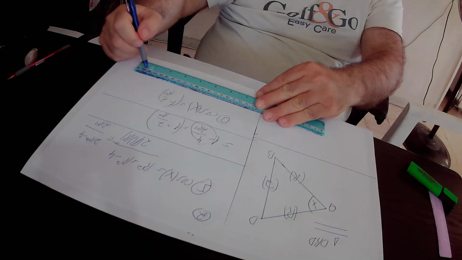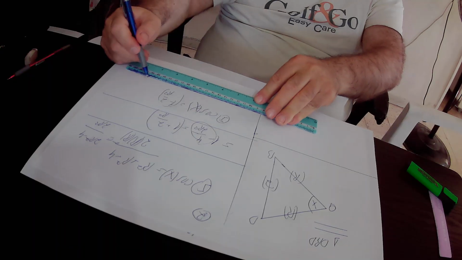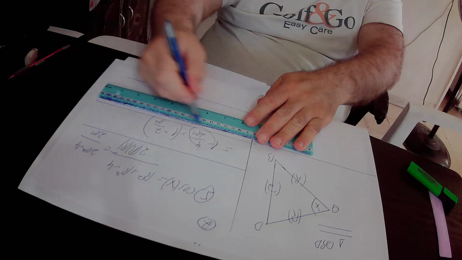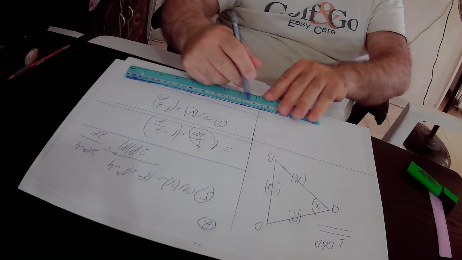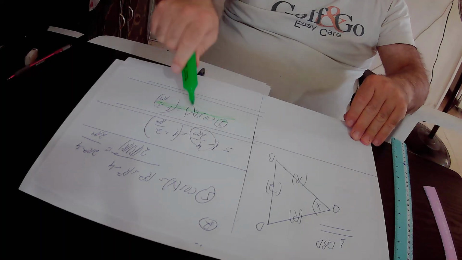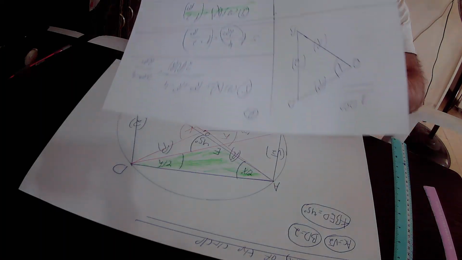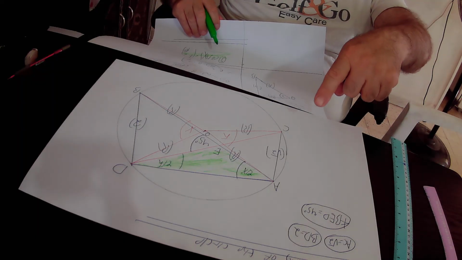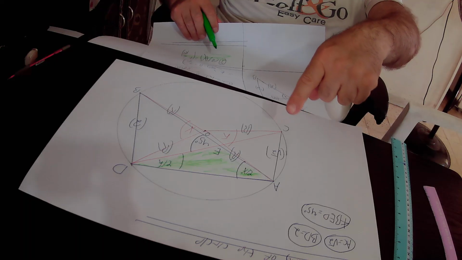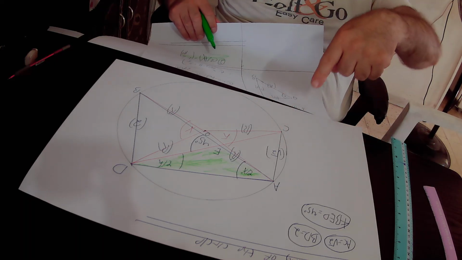And again, according to equation 1, cosine x equals 1 minus 2 over R squared. In the next step, I'll copy triangle AOC in the new page, and we'll implement the law of cosines in this triangle AOC.